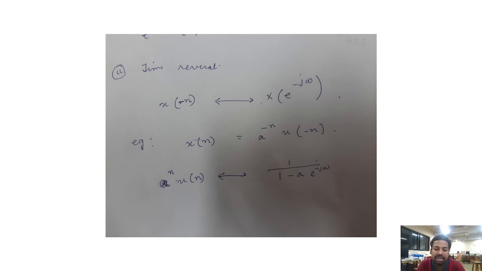Now let us consider one problem. I think you all remember that the Fourier transform of a to the power of n u of n is equal to 1 divided by 1 minus a into e to the power of minus j omega. This we have done previously.